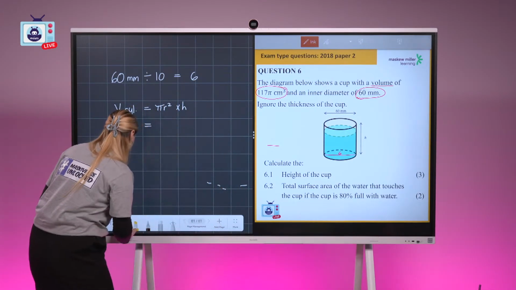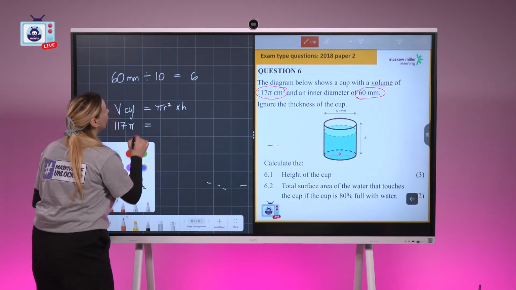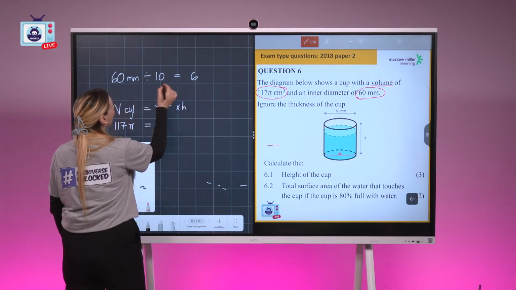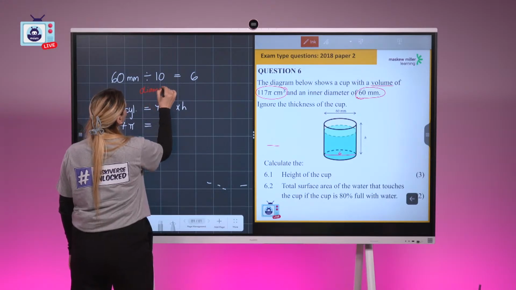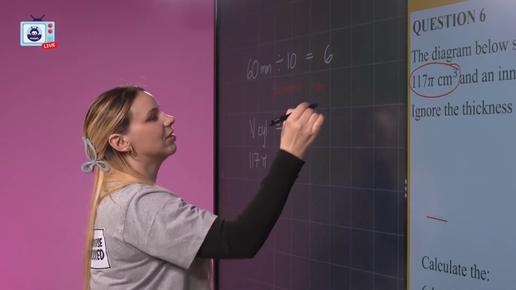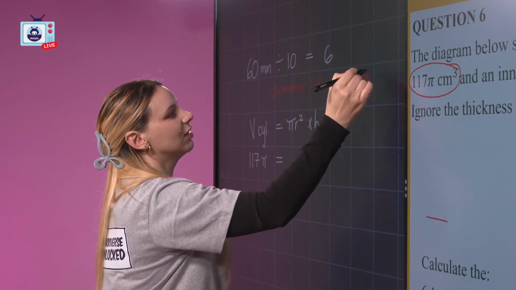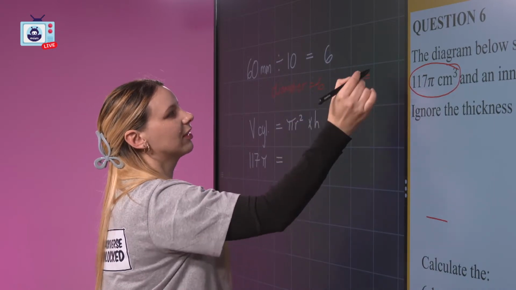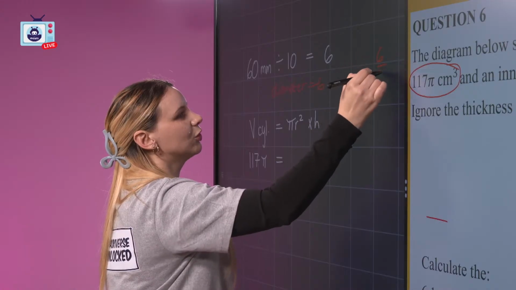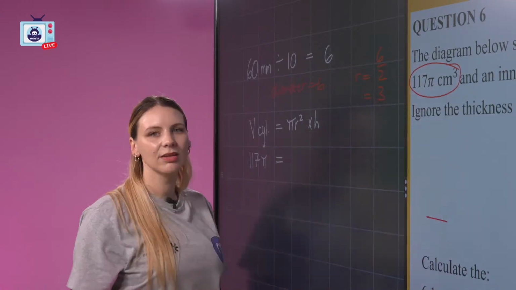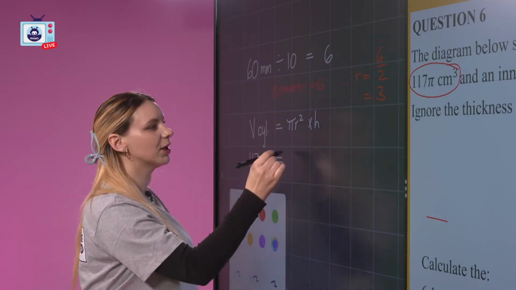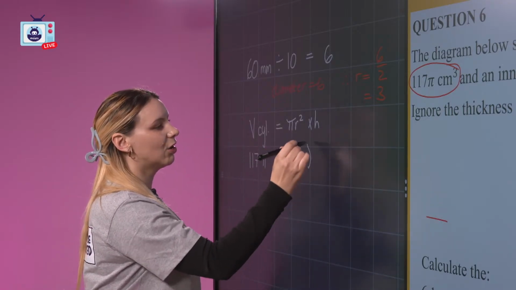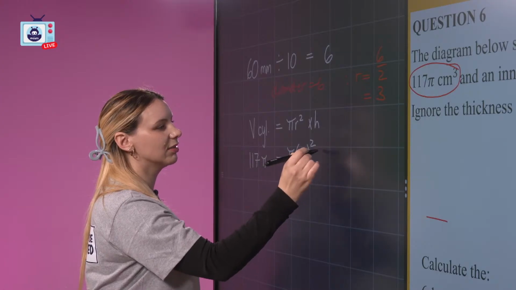So our radius is actually half our diameter. Diameter is 6, and therefore our radius is equal to half of that, which is 6 over 2. And so our radius is 3. So we're going to substitute our radius into the formula, pi r squared, and our radius is 3.